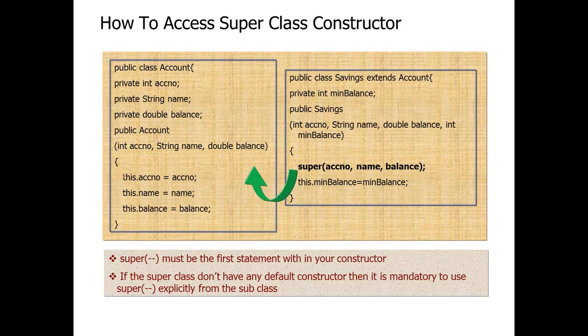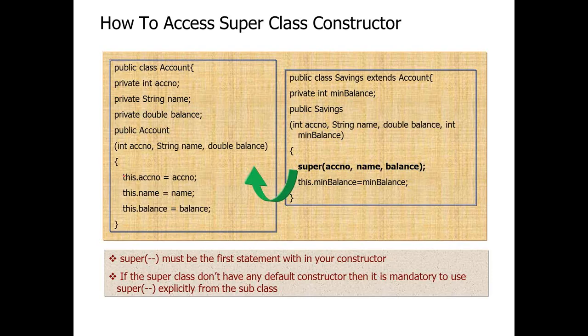Now I want to extend that Account class to Savings, and I will define a constructor again, public Savings, taking account number, name, and double balance. I can also have another value there, it is again up to you. If you have more behavior, you can define that also, but at least you should pass these three things.